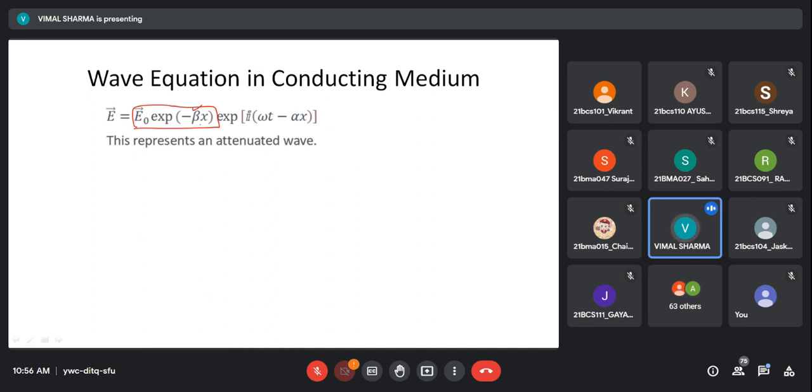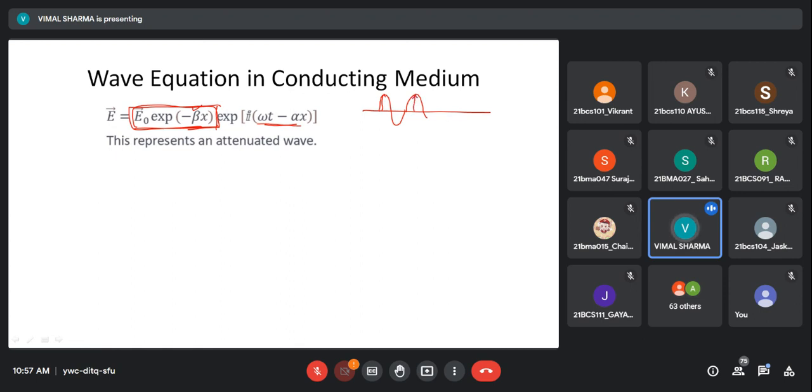I've taken the real part out, and this is the imaginary part of the exponential function, and this is the real part of the exponential function, and this real part is giving the amplitude. Earlier it was E naught when it was propagating in free space, so there was no change in amplitude. Amplitude with x does not change. It remains E naught every time.